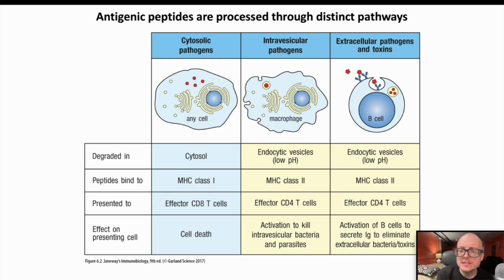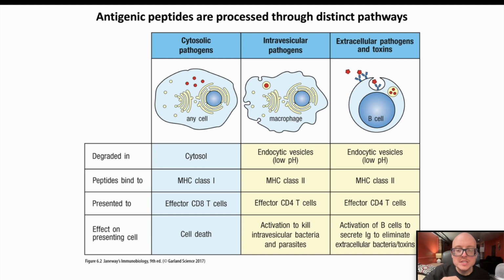Even though they live inside the cell in some cases, they're not in the cytoplasm directly. They're still sequestered off from the cytoplasm inside those vesicular compartments. And again, this involves different types of pathogens, other types of bacteria, as well as funguses and some small parasites.